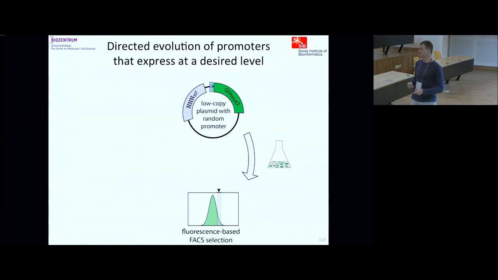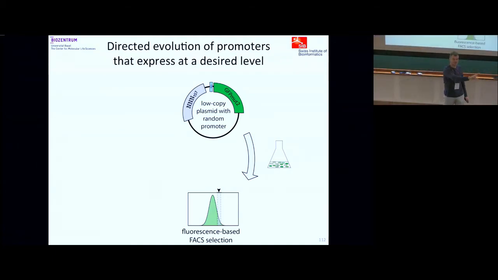Then we go to the FACS, and we set some target level. So we picked some target level, and one time we picked a level that corresponds sort of to the mean expression level of E. coli genes, and once we picked one that corresponds to a very high expression level. But so we pick a target. Then we look at the distribution of fluorescence of the single cells of this population.